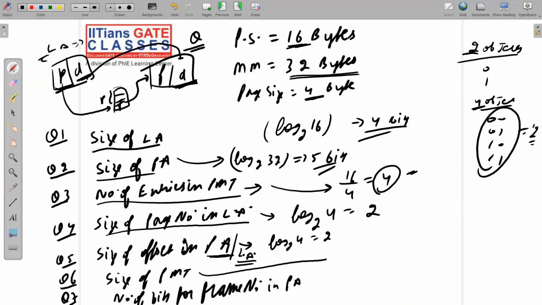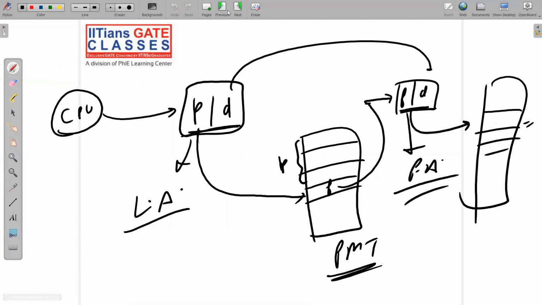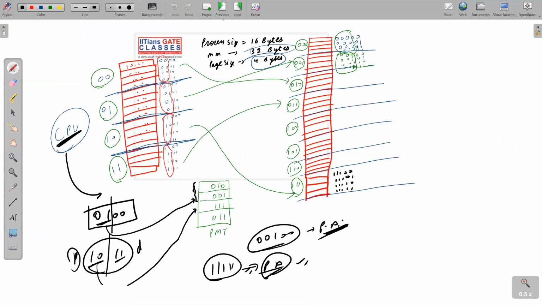Next is size of page map table. Size of page map table will be what? Obviously, number of entries multiplied by size of each entry. That will be the size of the PMT. If you check, the number of entries is 4, and the size of each entry is 3. So 4 into 3 is 12. How did you get it?